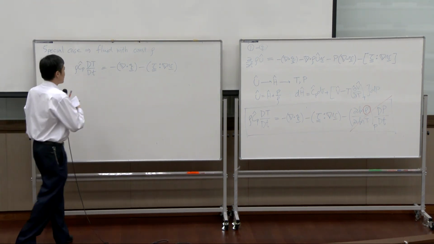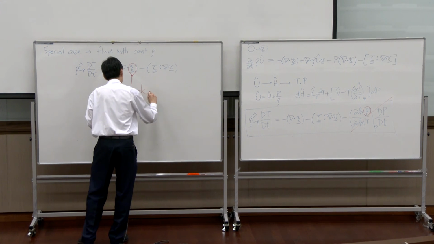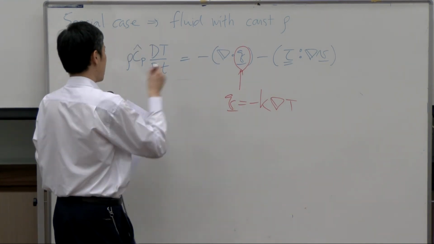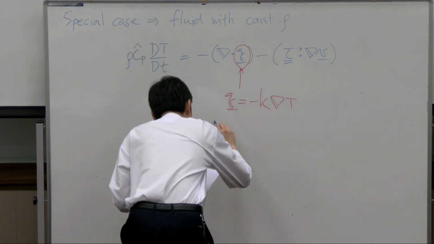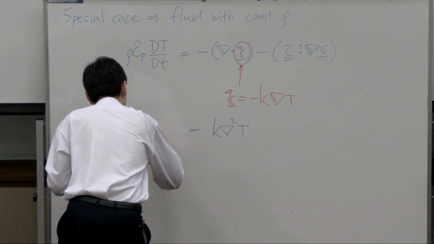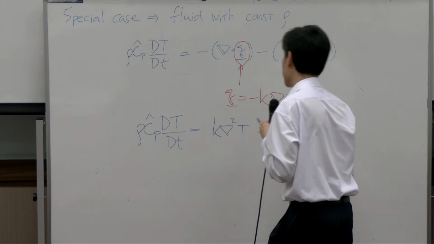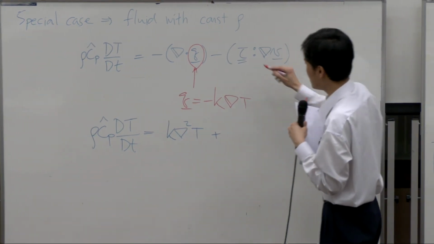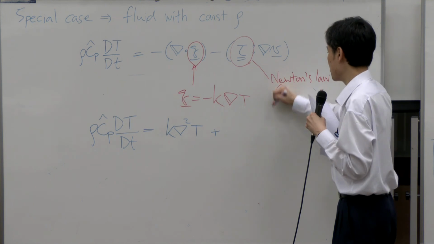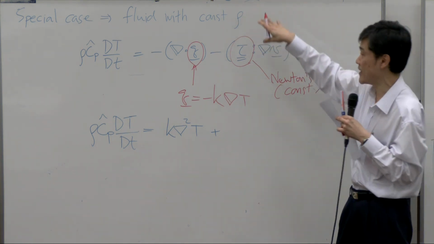Okay? And then I can use Fourier law to replace this flux, conduction flux, by Fourier law equal to minus k del T. So you have minus and minus, del dot del, that turns to be del square, which is Laplacian, k del square T. Plus, in this case, if I use Newton's law, that means I will assume constant viscosity in addition to the first assumption that density is constant.